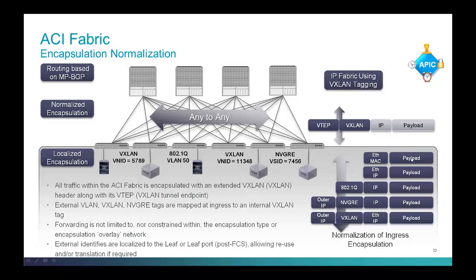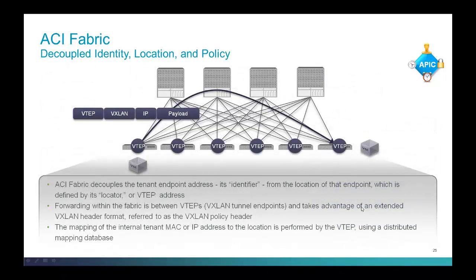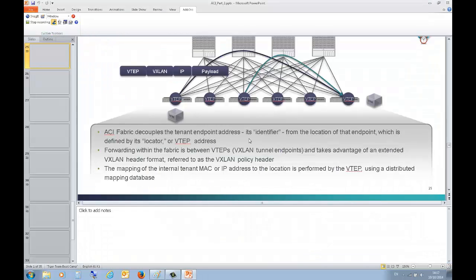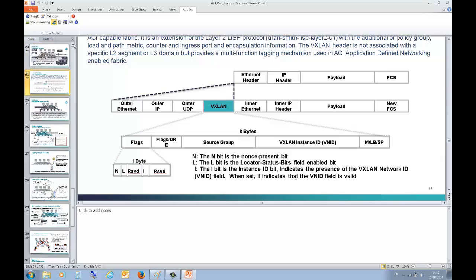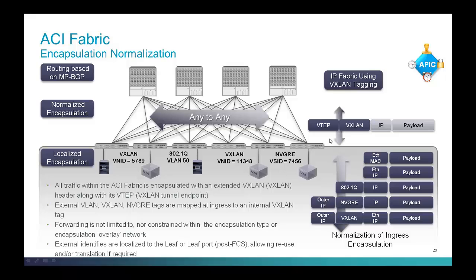The payload there, and we're familiar with this side of things pretty much. Oh, let me go back. This is the VTEP header here, and IP, NVGRE, outer IP, etc.